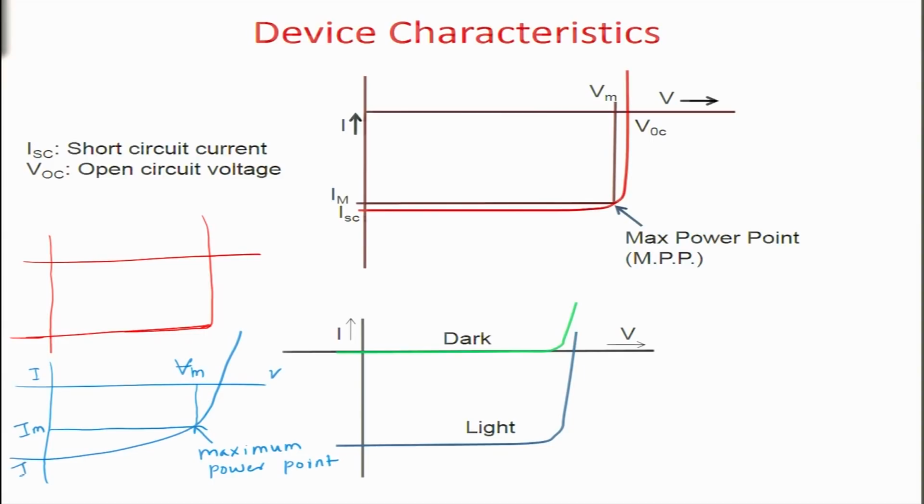They are lower than Isc and Jsc. If you multiply Isc and Voc, this is the theoretical amount of power that you should be able to generate from a solar cell, but this is limited by the fact that you have device recombination mechanisms and so on, which we will see later on.